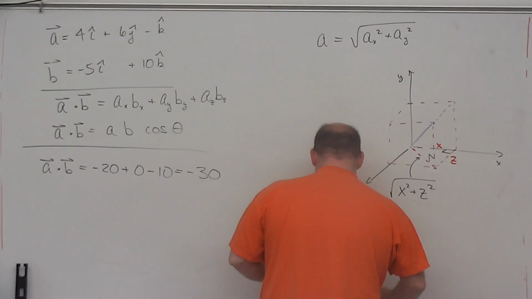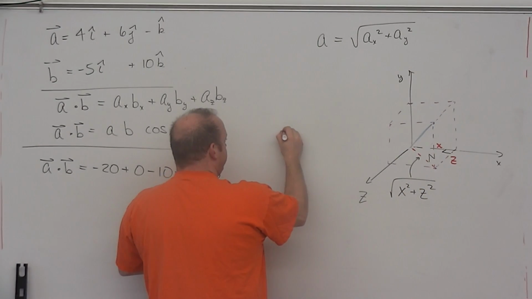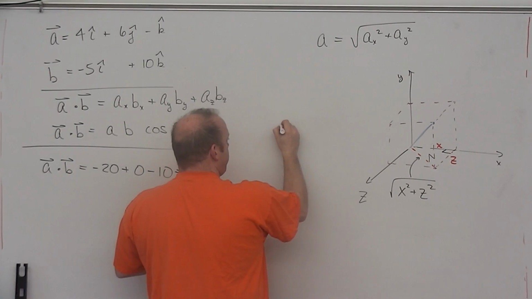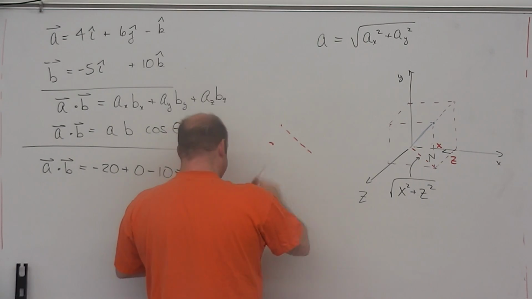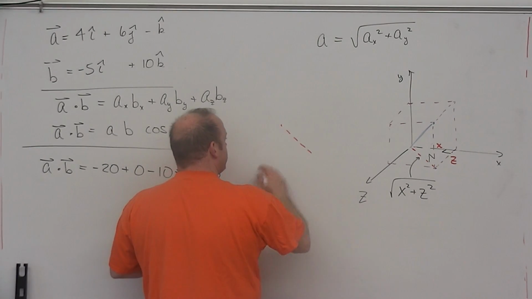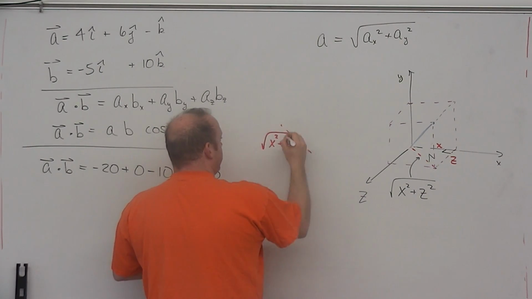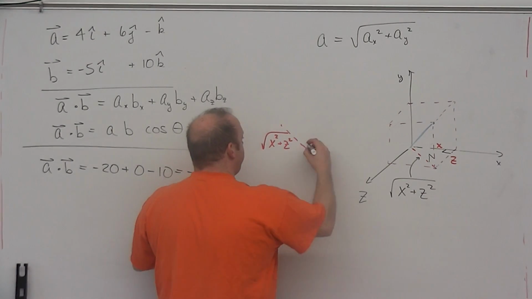So now what I have here, if I just pull that out to the side, I know that this distance right here was the square root of x squared plus z squared. I have the part that goes up.